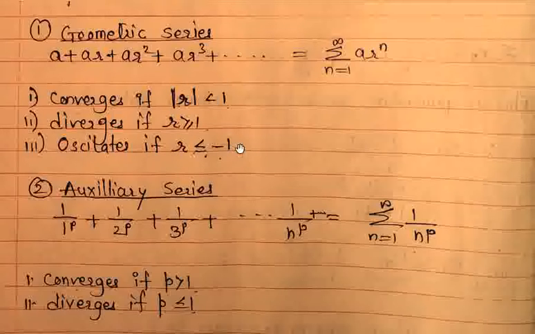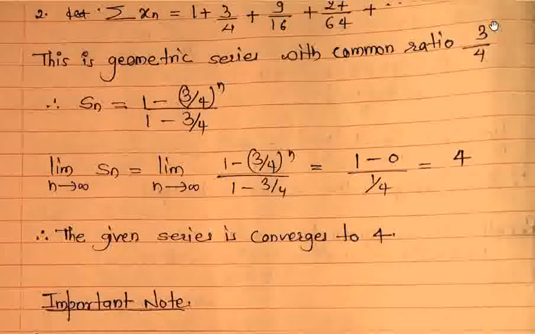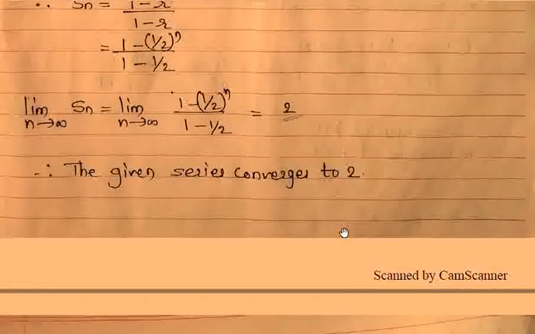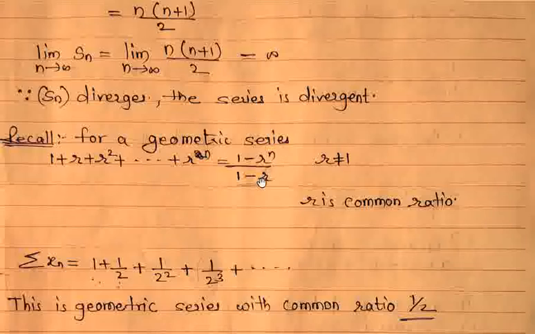So if r is minus 1, then you would have an oscillatory series, as shown in the previous one. And if the modulus of r is less than 1, you get it converges to something. For all of these questions, it's converging.